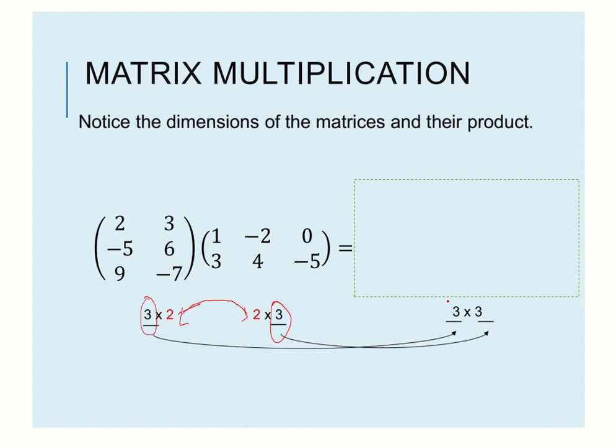And the size of the result is the combination of the number of rows from the first matrix and the number of columns from the second matrix.